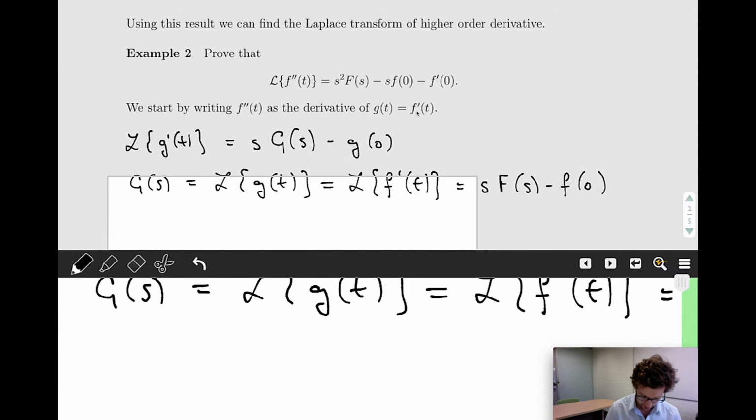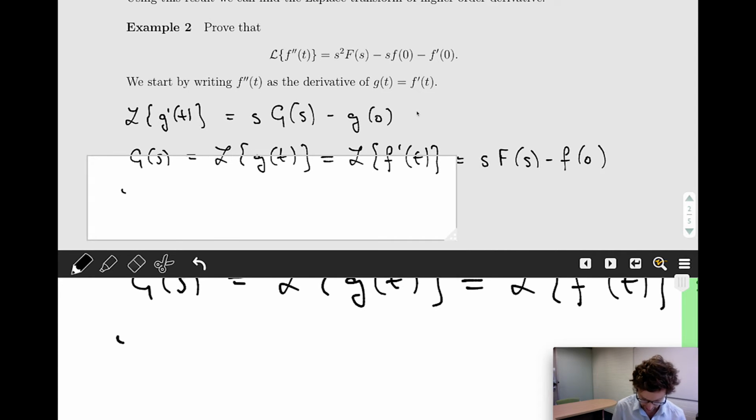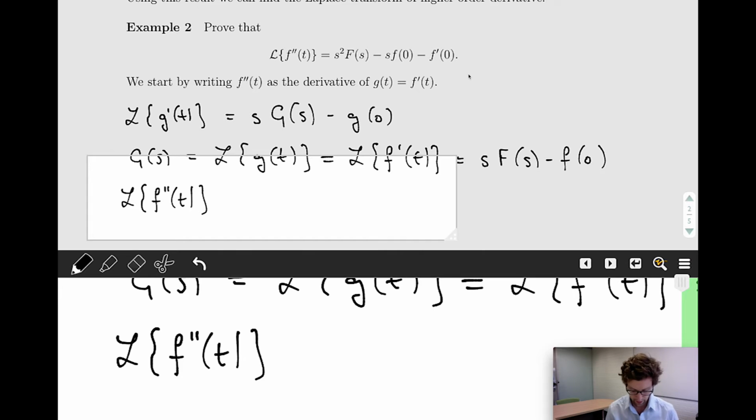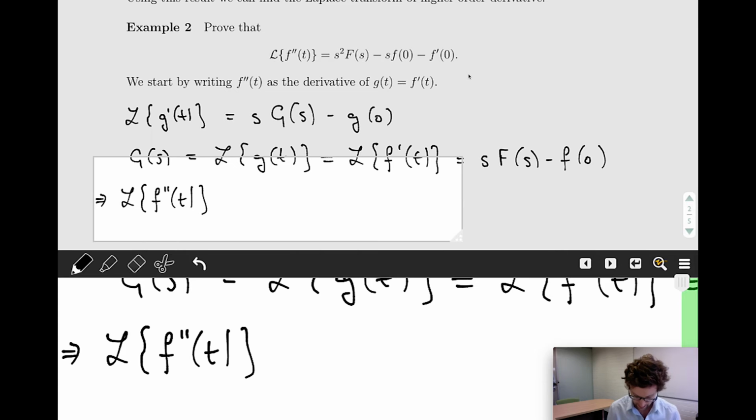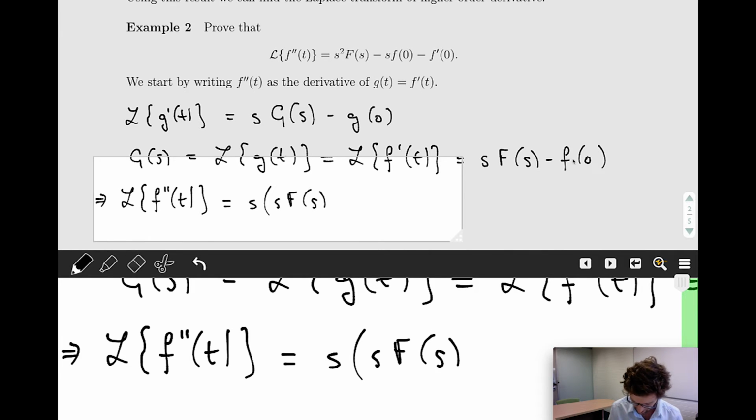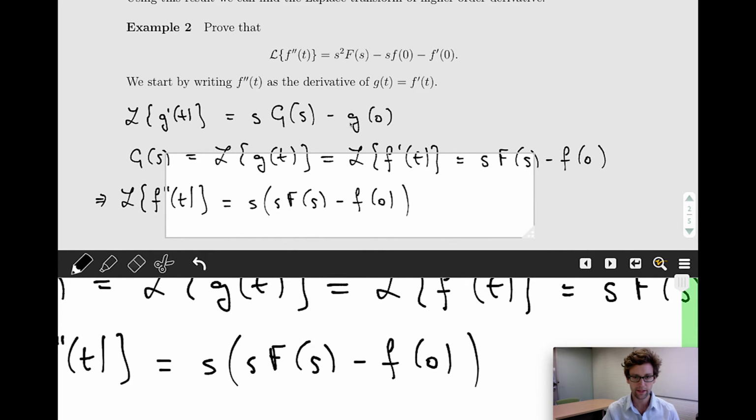So now I can stick this all into one expression. I've got the Laplace transform of g prime of t. Well, remember that g is equal to f prime of t, so the derivative of g is f double prime. So I have the Laplace transform of the second derivative, and that's going to be s times big G of s, so that's this expression here. So we have s times (s F of s minus f(0)) minus g at 0.